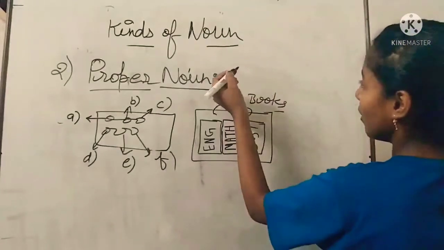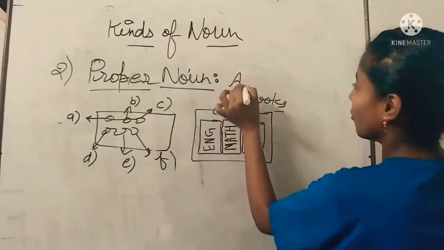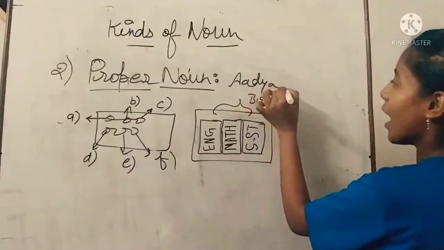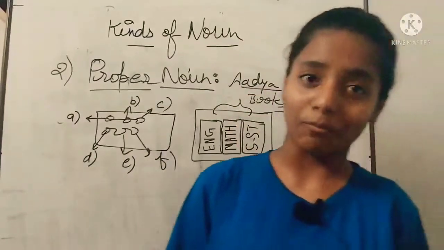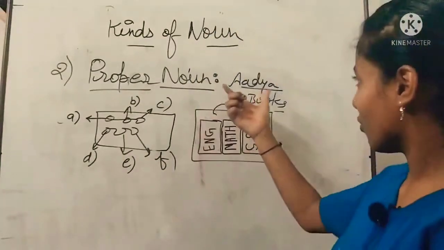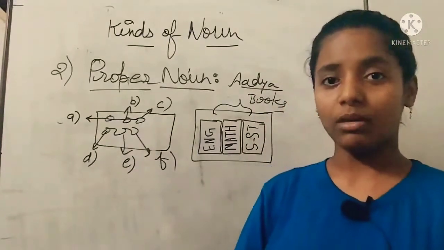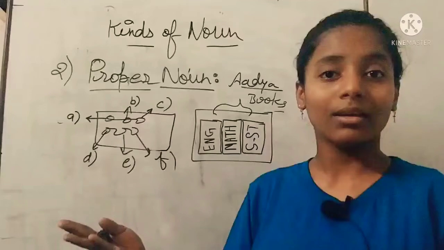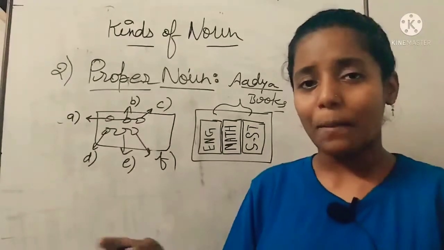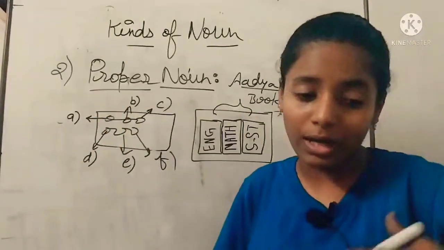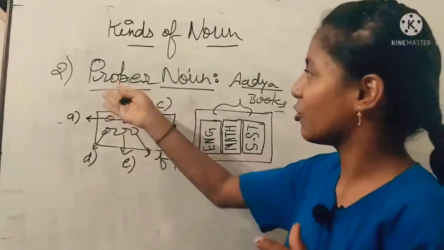Like an example, my name is Adya. As I am a person with a specific, particular name, that simply refers to my name. If many girls are standing with me, they are all girls, they do not have a specific name. But if we know the particular name of each girl, that refers to a proper noun.